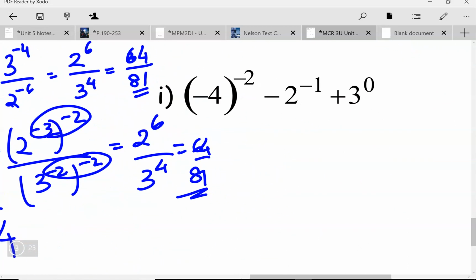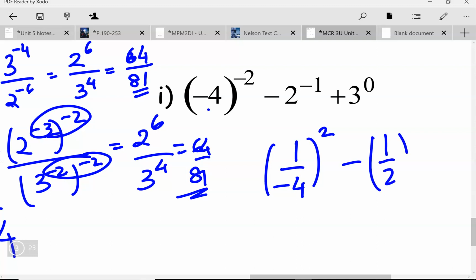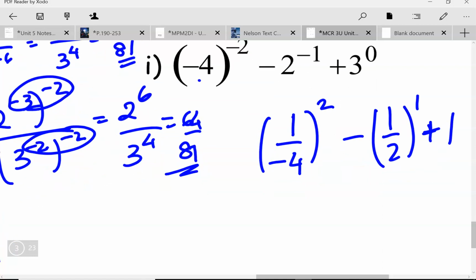Question number I is, again, fairly straightforward. I see I have a 4, so that's what I'm going to deal with. Take the reciprocal, make it a positive power, minus, take the reciprocal of 2, make it a positive power, plus 3 to the power of 0, and hopefully we're okay with something to the power of 0 being 1.